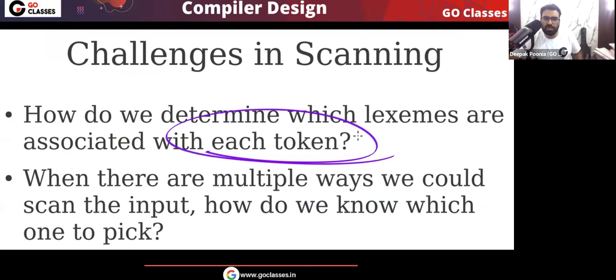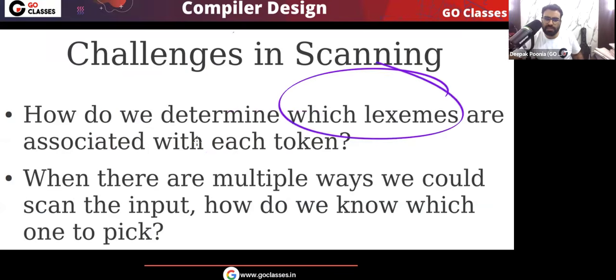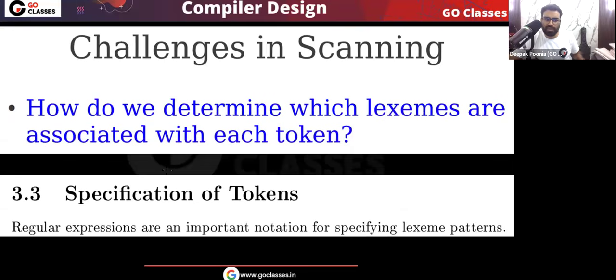For each token, how do we determine the associated lexeme? Very simple answer: using regular expressions. Yes or no? We have already seen this. So what is the answer here?